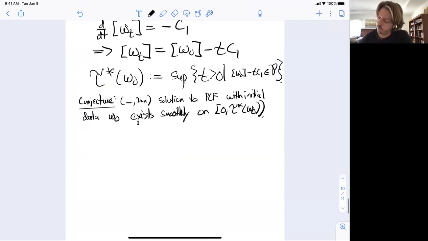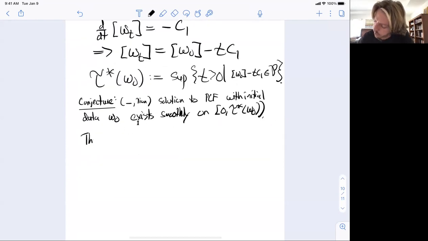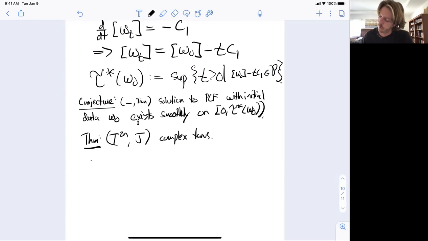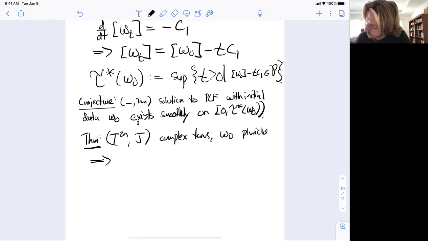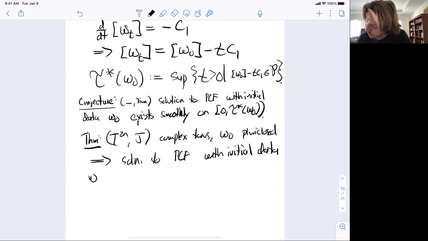Maybe as a preview for next time, one of the main theorems I want to discuss is this: if you have T^{2n}, a complex torus, which is of course very special, and let's say you have omega_0 pluriclosed, then the solution to pluriclosed flow with initial data omega_0 exists for all time.